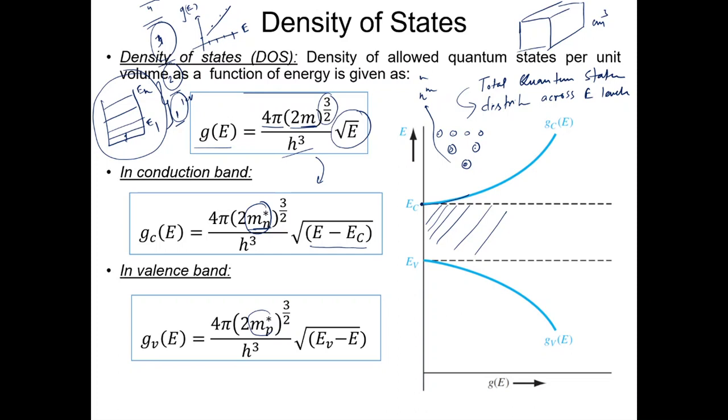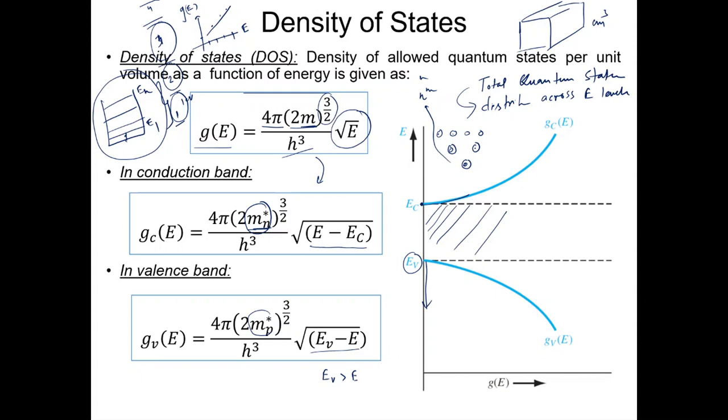Similarly, if it is the valence band, the relation is modified to EV minus E, which means you have finite density when EV is greater than E. EV is here, which means when we go down in energy, you get a finite density of states.